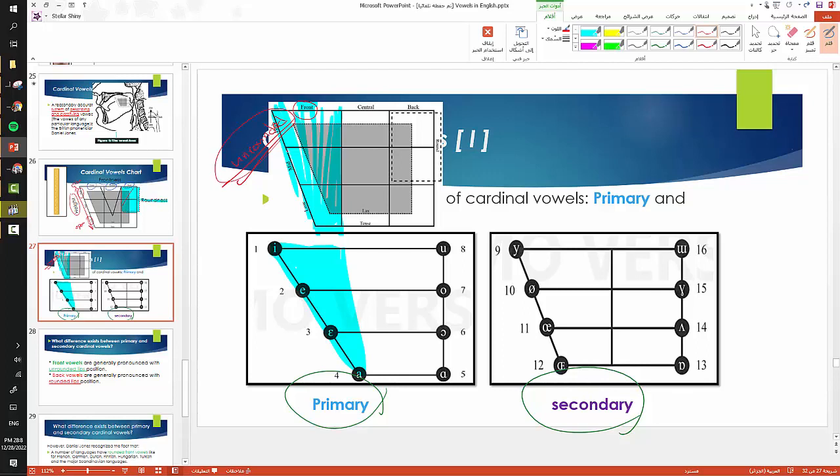The front is unrounded in the primary. Then back vowels are generally pronounced with a rounded lip position. So this is the back. In the primary cardinal vowels, any vowel in the back is generally rounded.